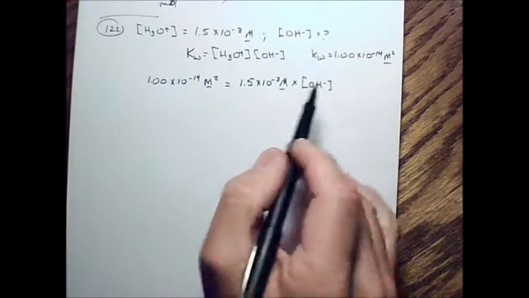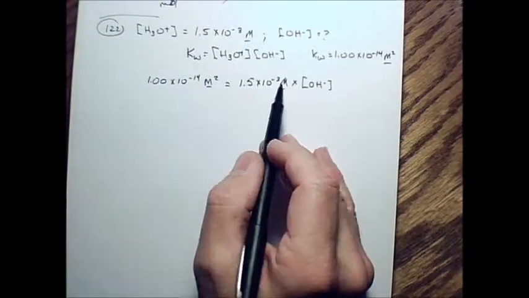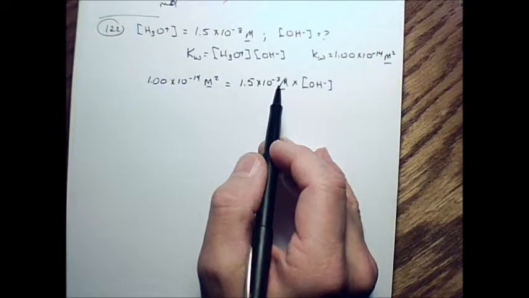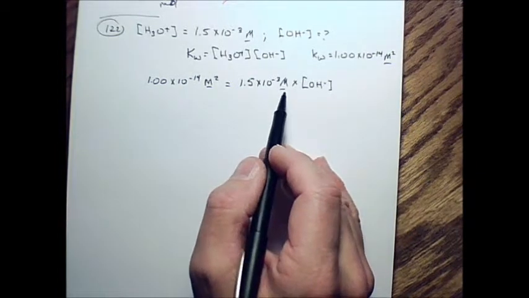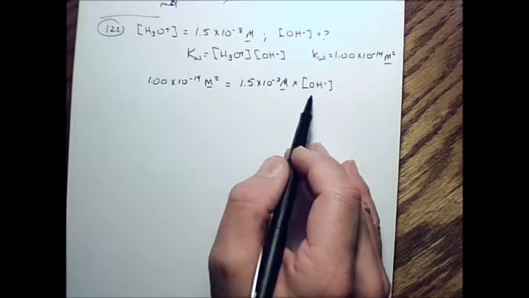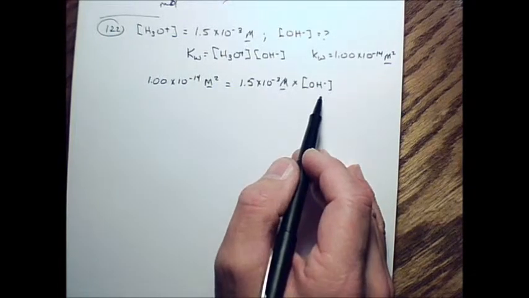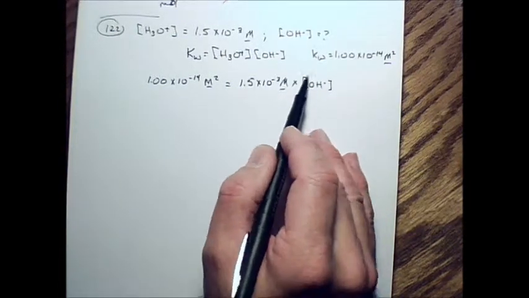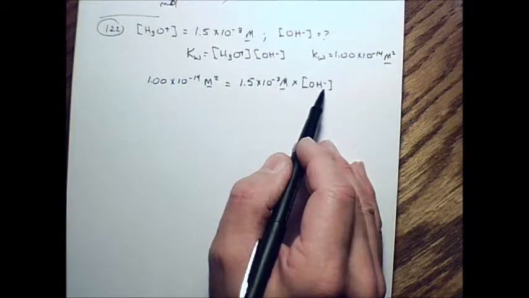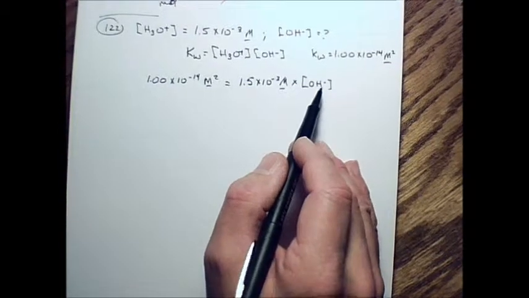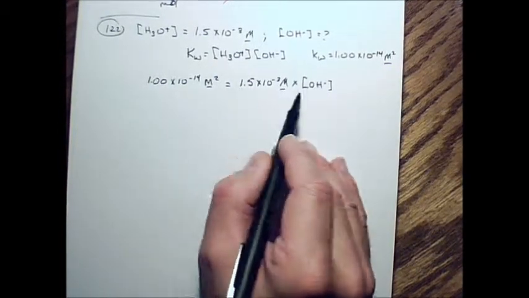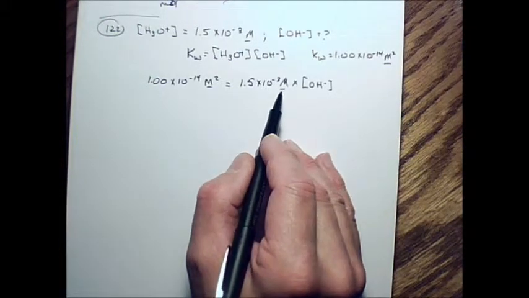Okay? And anytime we have this sort of relationship, all we have to do is plug in what we know in a way that will isolate the unknown. The way we get the molar concentration of OH by itself is to divide this side by the 1.5 times 10 to the negative third molar.